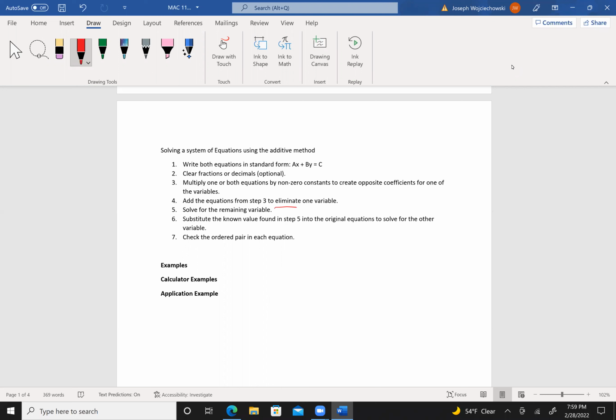So let's look at an example here. I have 2x minus 9y equals 1 and 3x equals 17 minus 2y. So first of all, I need to look at this and get it in the right form. So this is 3x equals 17 minus 2y, so 3x plus 2y equals 17. So this and this are my equations.